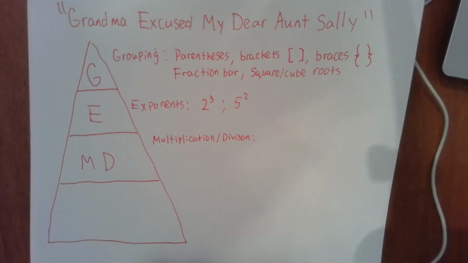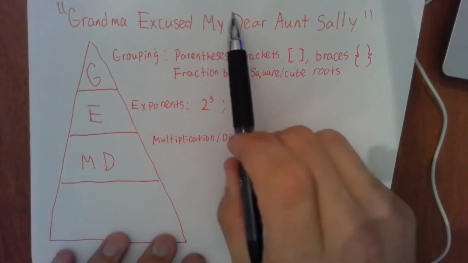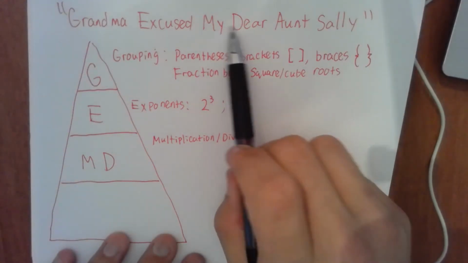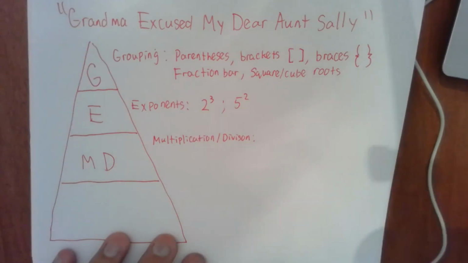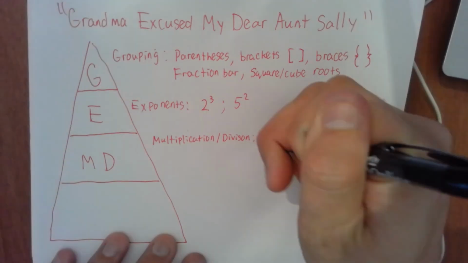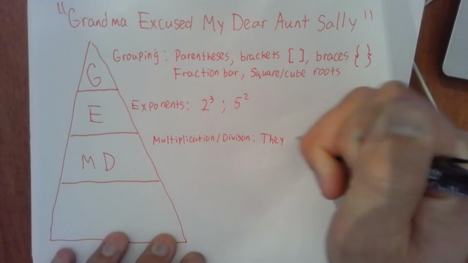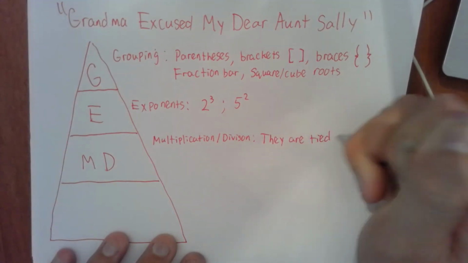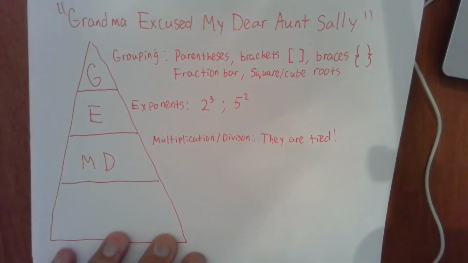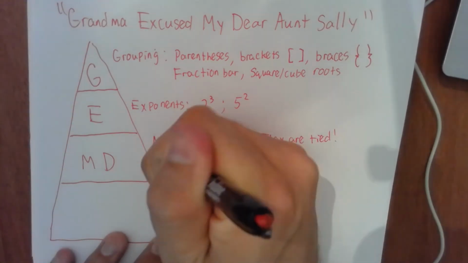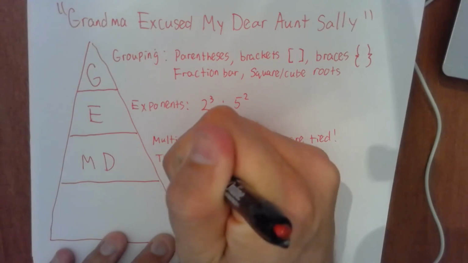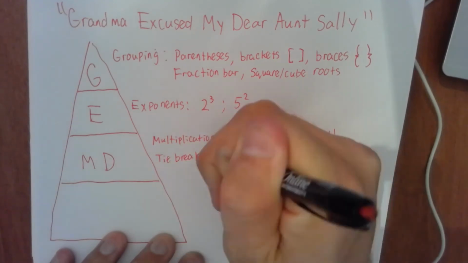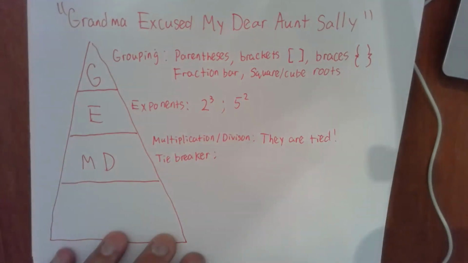So, I heard somebody say it, and the answer is no, multiplication does not always come before division. I get that it's first in Grandma Excused My Dear Aunt Sally, so that makes it a little confusing. But the truth is that multiplication and division are tied. Okay? And to decide which one to do first, we need a tiebreaker. And your tiebreaker is kind of what Abby said.